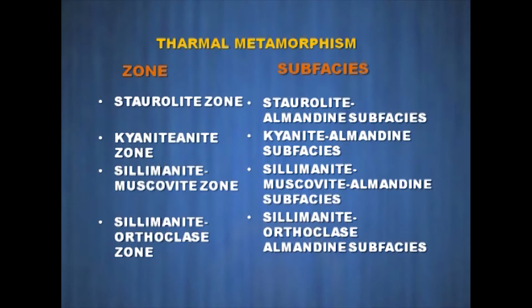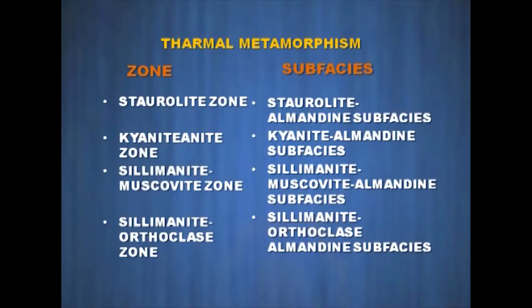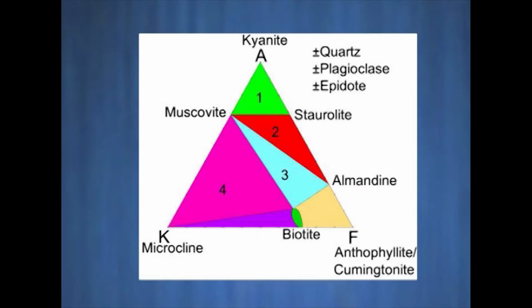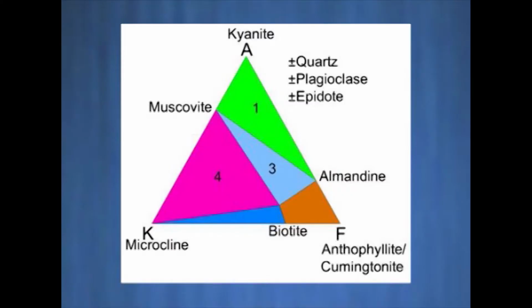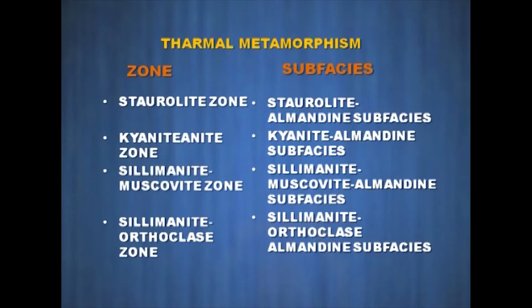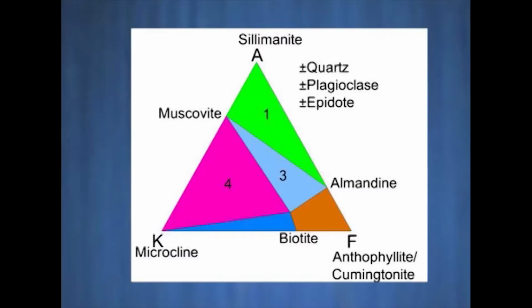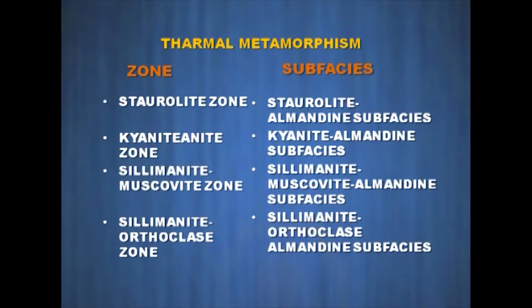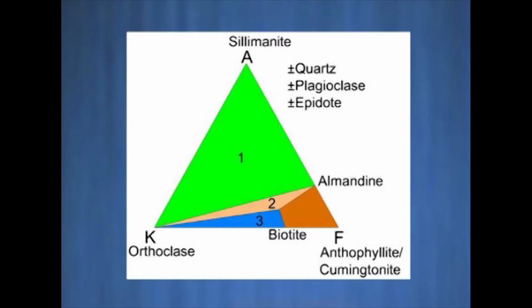The amphibolite phases are divided into 4 different zones, that is the staurolite zone, staurolite almandine subphases, kyanite zone, kyanite almandine subphases, sillimanite muscovite zone, sillimanite muscovite almandine subphases and sillimanite orthoclase zone, that is also known as sillimanite orthoclase almandine subphases.